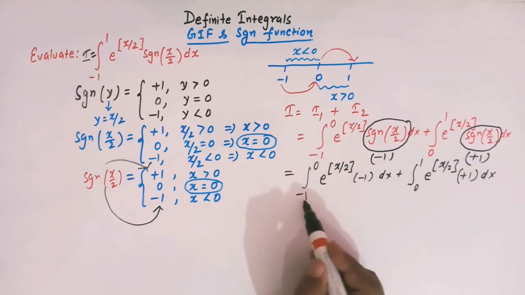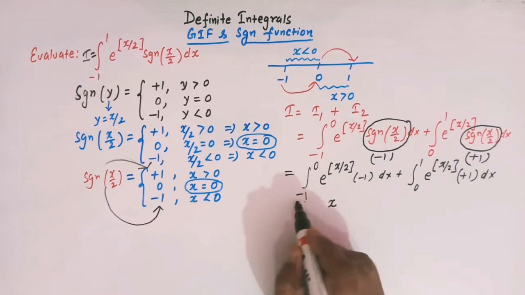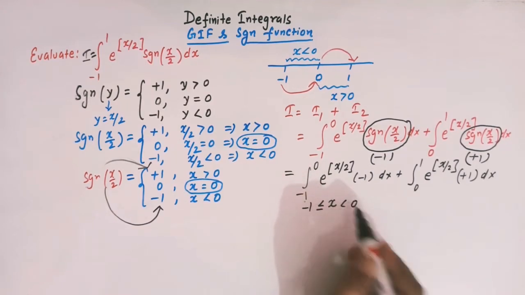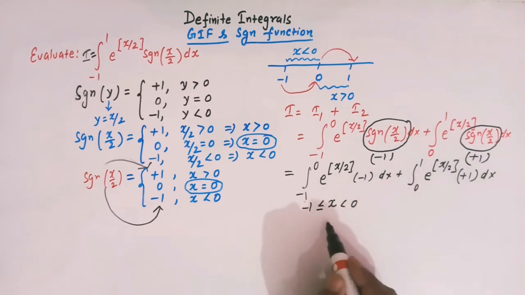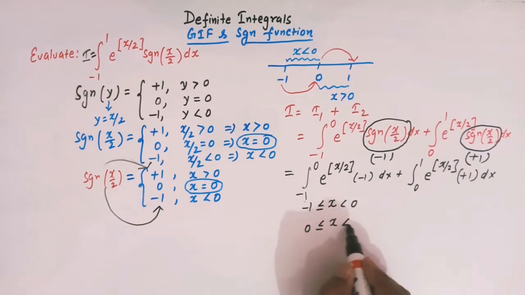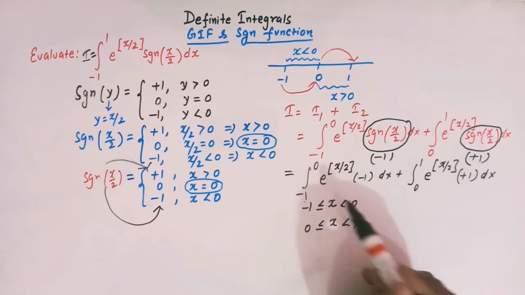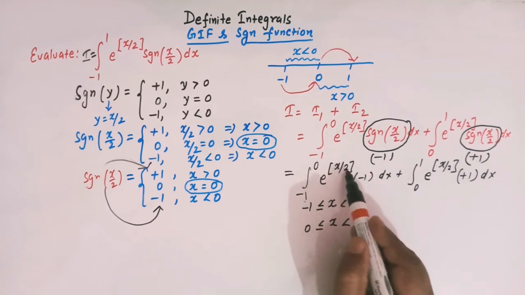So see, in the first integral the value of x lies between minus 1 and 0, right? And in the second integral x varies from 0 to 1, right? But here we can easily see that we need x over 2, right?